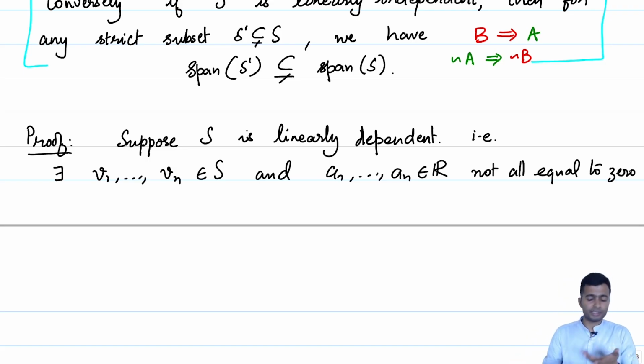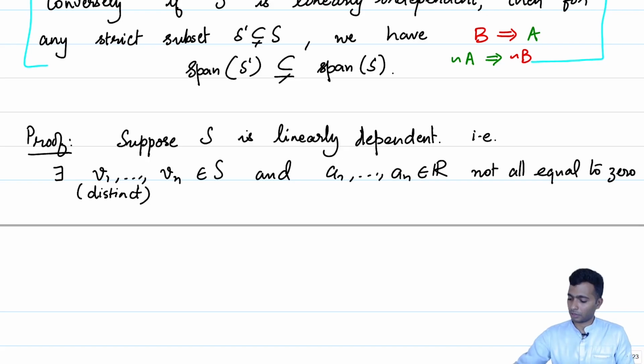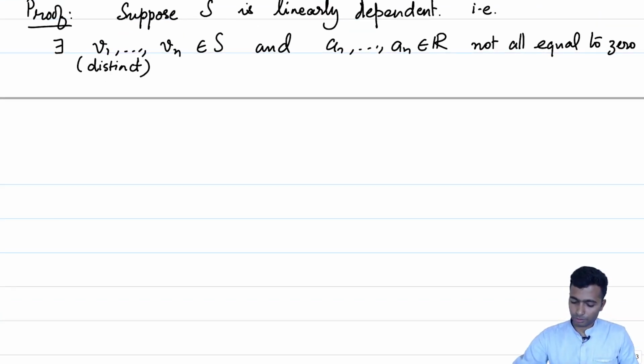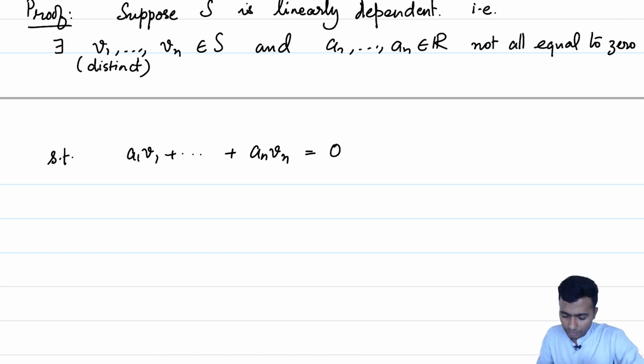Let us assume that the vi's are distinct. Without loss of generality, that can certainly be assumed, and not all equal to 0, such that a1 v1 plus up to an vn is the 0 vector. That is the definition of S being linearly dependent.